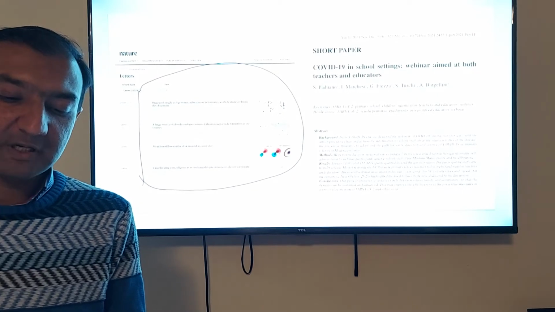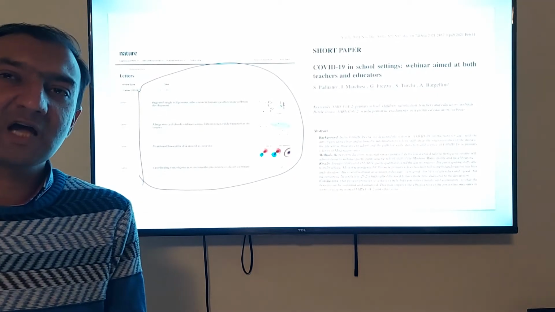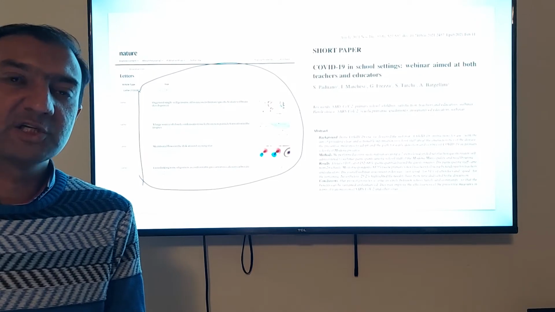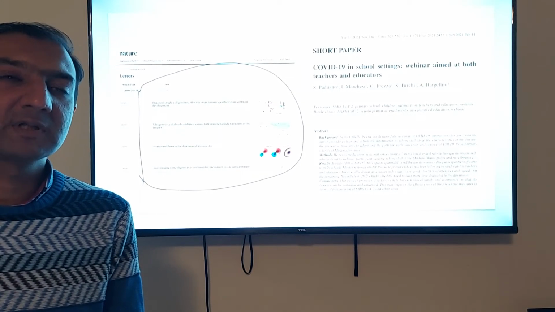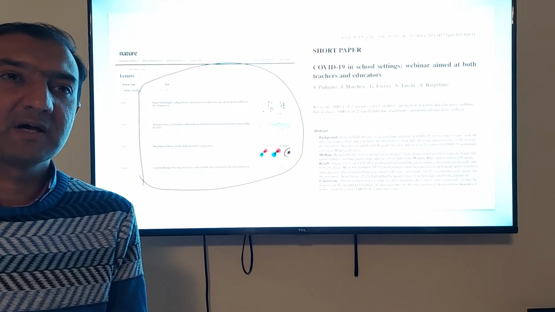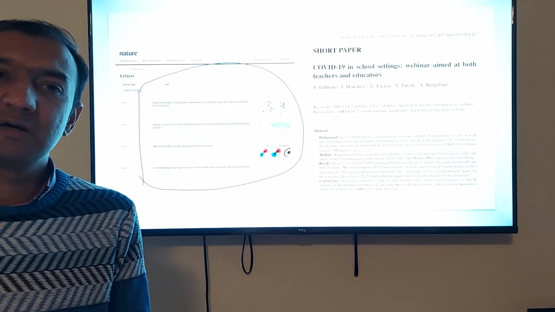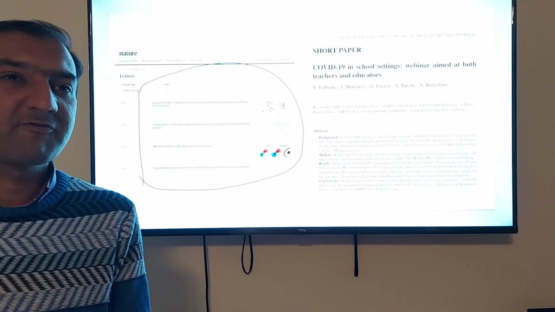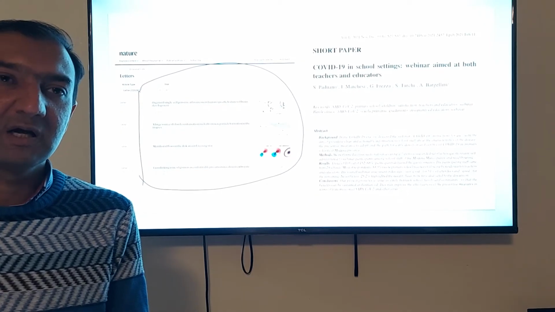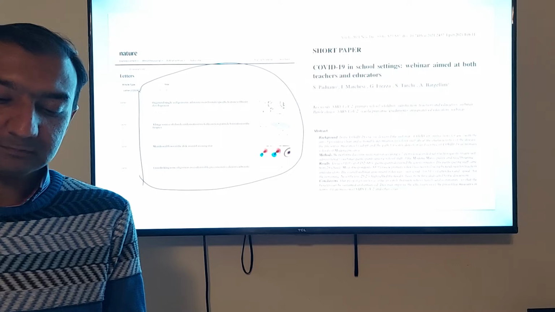These papers are less common in computer science and engineering, and are quite common in medicine and overall in biological sciences. Especially if you see the Nature papers, every week, every month, they have several letter-type papers.